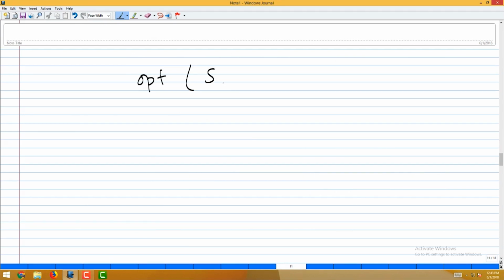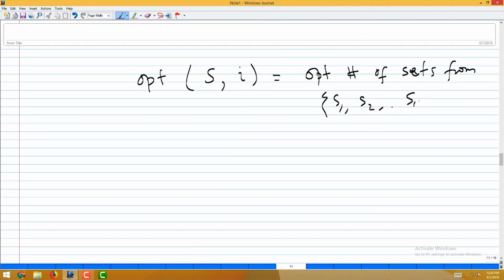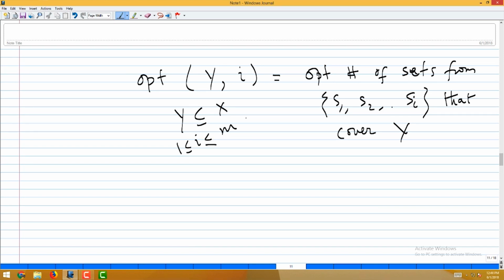This is my definition, right. I am defining opt of Y comma i as the optimum number of sets from S1, S2, up to Si that cover Y, where Y is a subset of X. Okay, these are the subproblems.